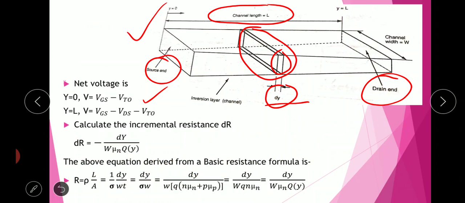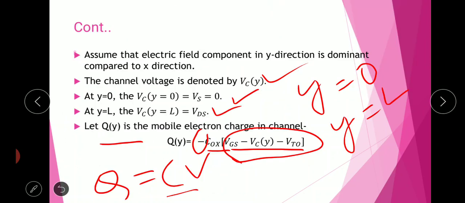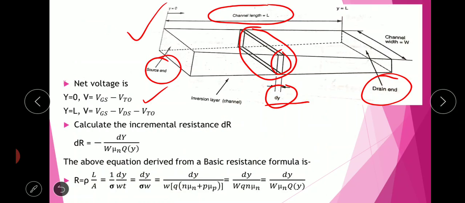Then when y equals L, at that time the voltage is VDS, so we put that value VDS, and the equation is V equal to VGS minus VDS minus VT0. From these two equations we can see the voltage decreases towards the drain.